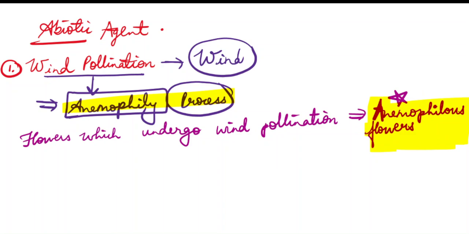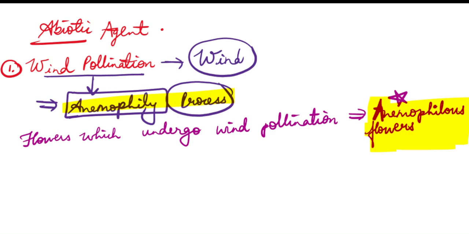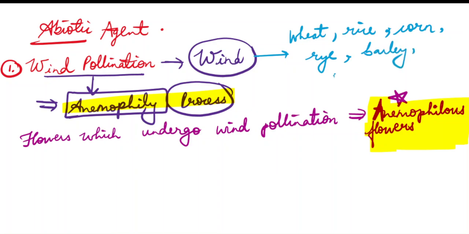Next, these flowers have some adaptations. The examples for wind pollination are wheat, rice, mainly in monocots, and barley and oats. You should know these examples.